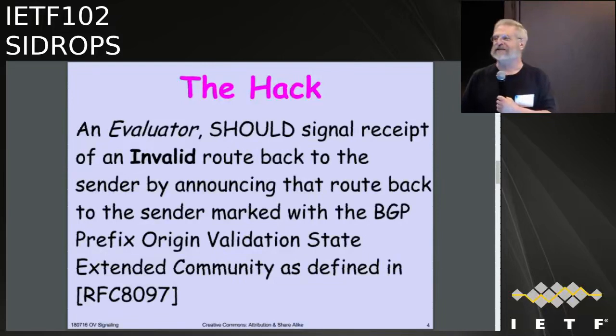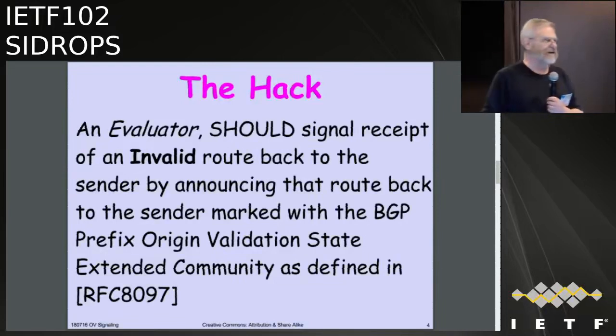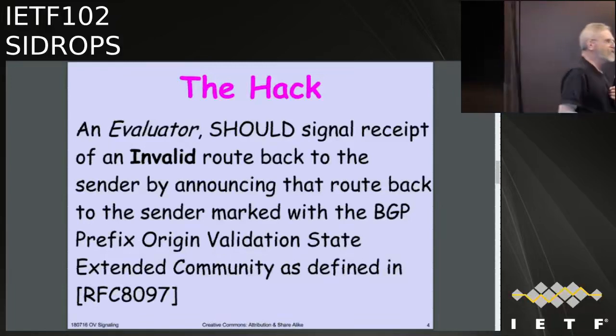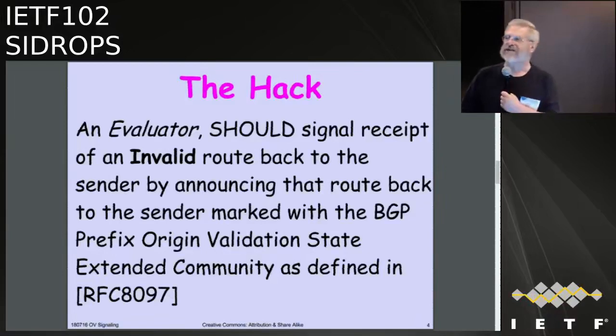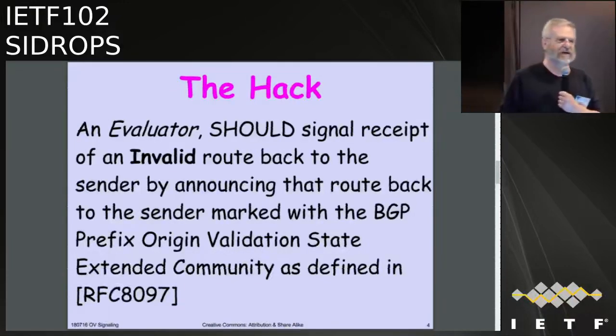as defined in 8097. If you'll remember, 8097 was the RFC for vendor do-gooders who wanted to automatically do this and just tag prefixes with validity states. I'm just reusing that extended community. Got to support Yob in some ways. Community gets a nickel for every time a community is used.